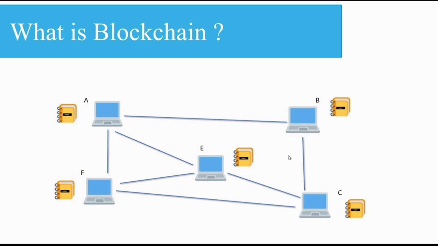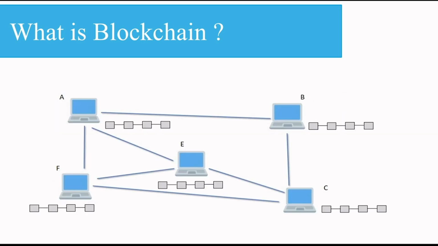Now how this distribution takes place, let's see with the help of an example. Let's consider A is a miner. Now who is a miner? A miner is a person who mines a particular block and creates a block. So let's consider A is a miner who is the first person to mine a particular block.